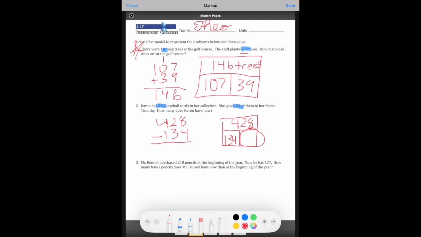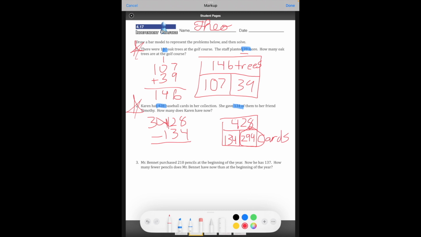Okay, well, I know that 8 minus 4 is 4, or 2 minus 3 can't do, so I got to borrow from the 4. 12 minus 3 is 9, and then 3 minus 1 is 2. So 294 cards. Put cards on those numbers. Give yourself a star if you got it correct.